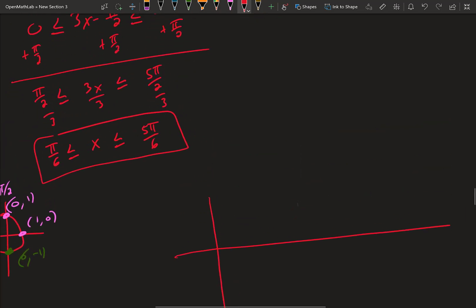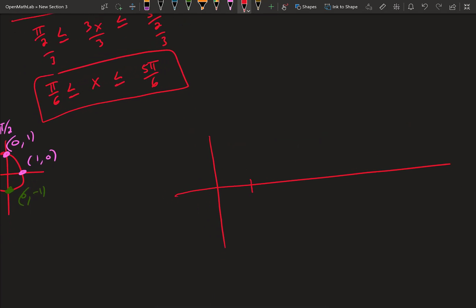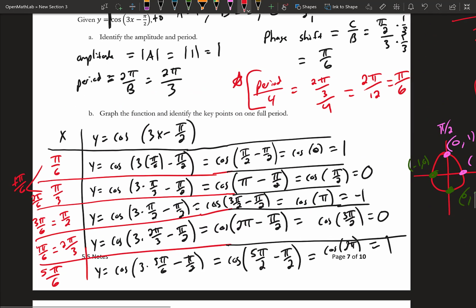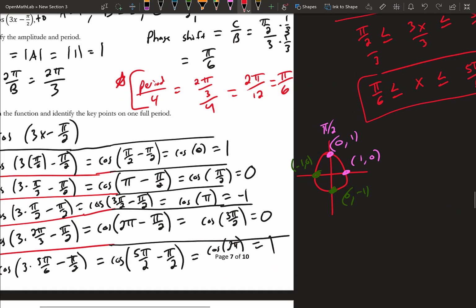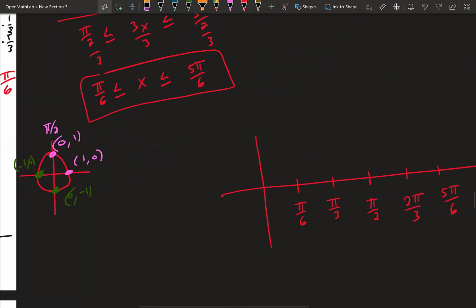Right, so let's see, we had 5 pi over 6. And then we were in between 0 and 1. Right, so here's 1, here's -1.